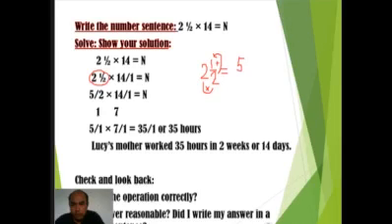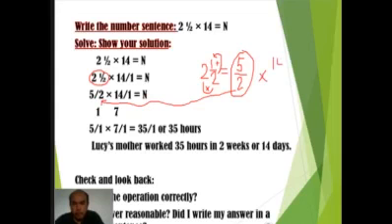So the denominator 2 will remain. That's how we get 5 over 2. So 5 halves times 14 over 1.